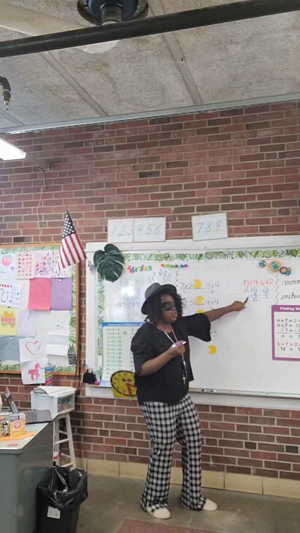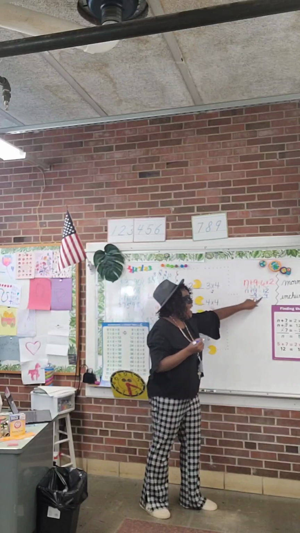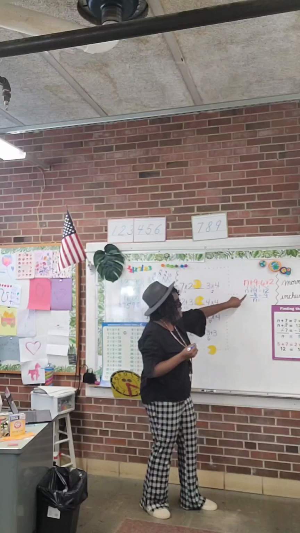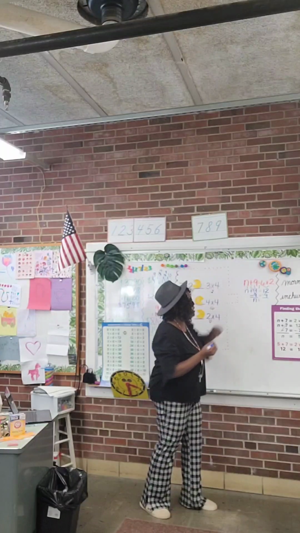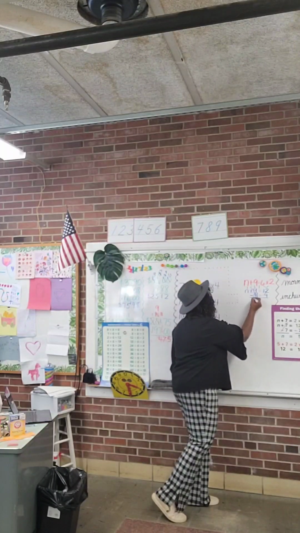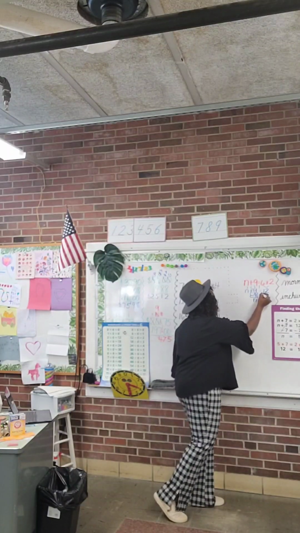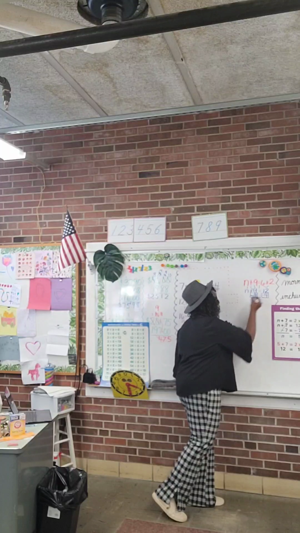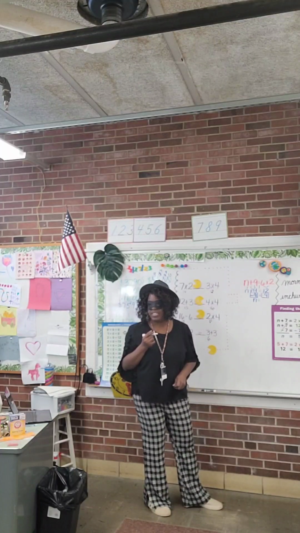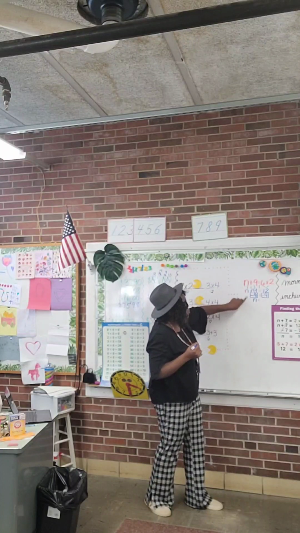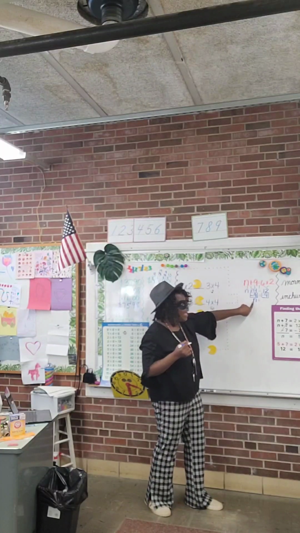What we do to one side, we have to do to the other. So whatever I did to this side, I have to do to this side. What did I do to this side? I subtracted. So guess what I have to do to this side? Subtract. I have to subtract. So 9 minus 9, we already said is 0, so n plus 0 equals n.